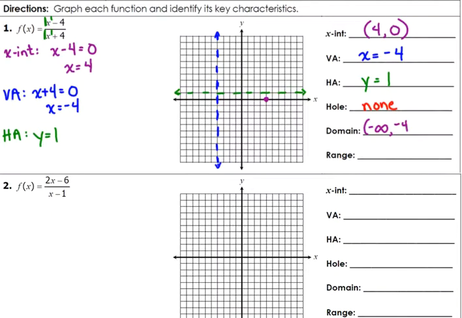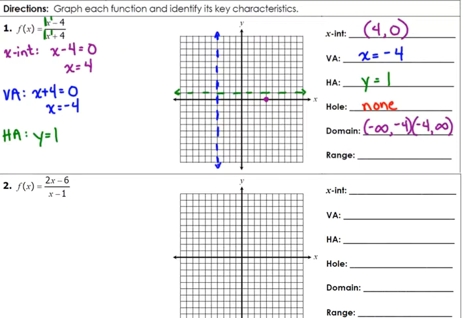We get super, super close to negative 4, but we don't actually equal negative 4. So we still write that number, but we put the parentheses. Remember, the parentheses means you get really, really close to it. You just don't actually ever equal it. And then we pick back up on the other side of negative 4 as close as we can possibly get to it, but we don't actually equal it. And we go all the way to positive infinity.